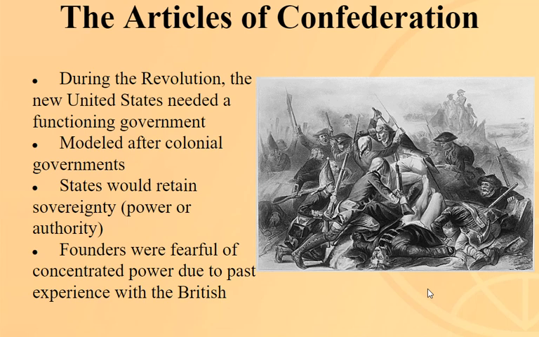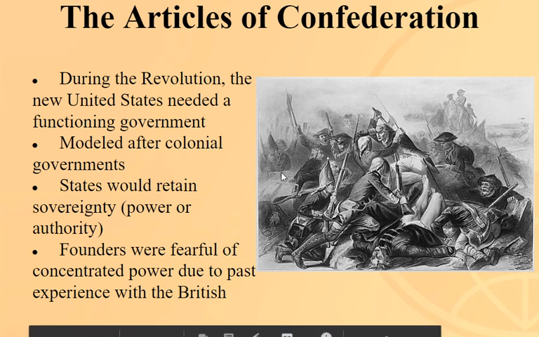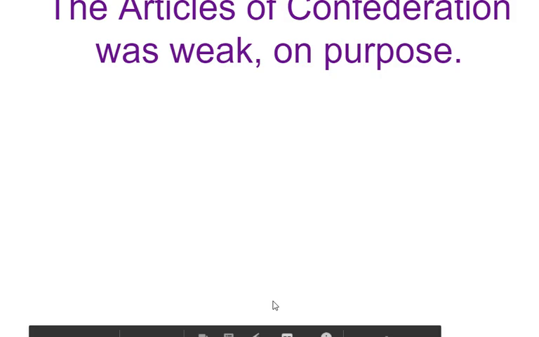And states felt it was really important that they stayed their own authority, meaning that the states were worried that if there was a strong central government, it would end up being like a tyranny where you'd have a king or a president that ran the whole country, and they didn't want that. So what they did is created the Articles of Confederation, where you're not going to have a strong federal government.